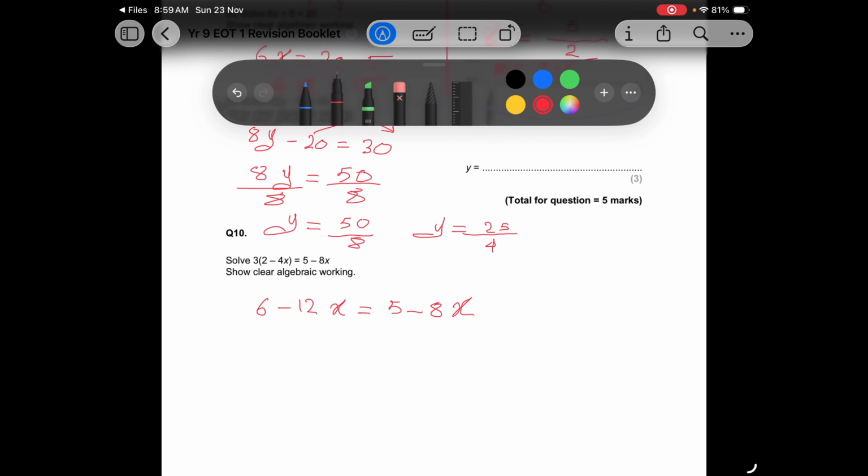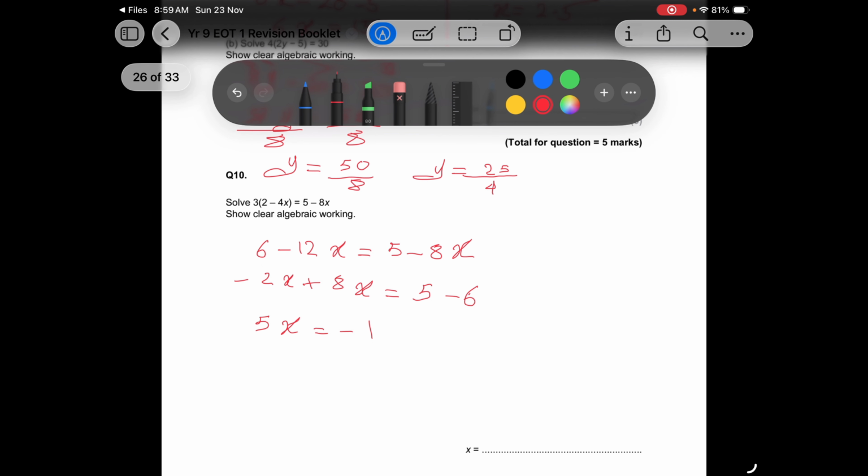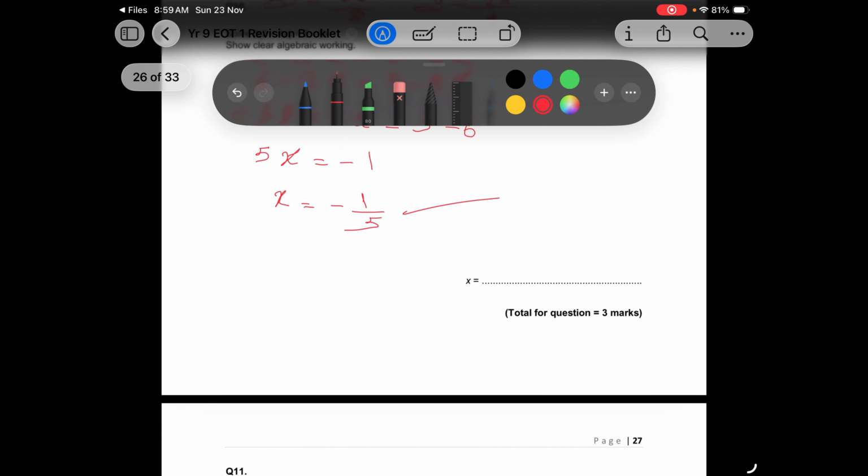So here I have minus 12x plus 8x equals 5 minus 6. Minus 12x plus 8x is minus 4x, equals minus 1. Then you can divide both sides by 5. Then x will be minus 1 over 5, okay, which is in fraction minus 0.2. You can keep it like this or make it decimal.